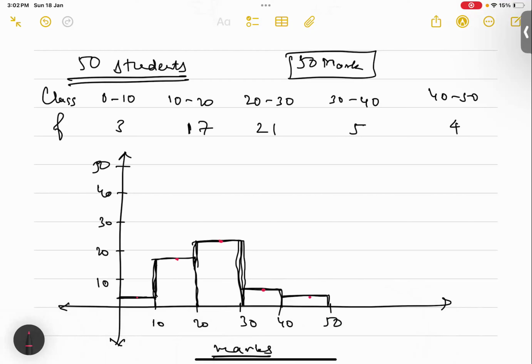Now I join these points. This is called a curve. Frequency distribution curve. This is called a frequency distribution curve.